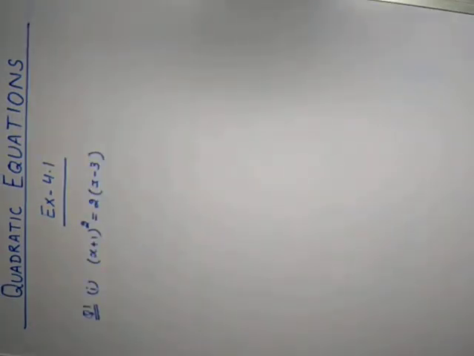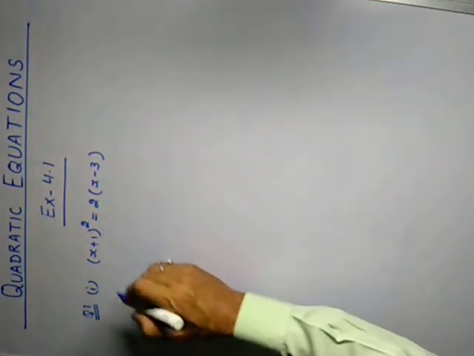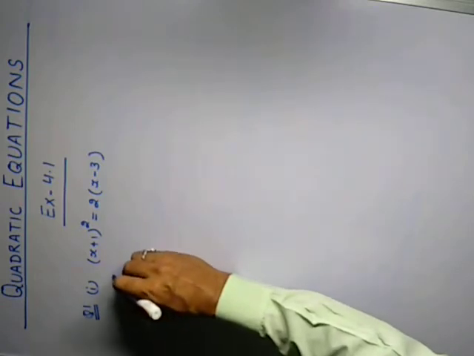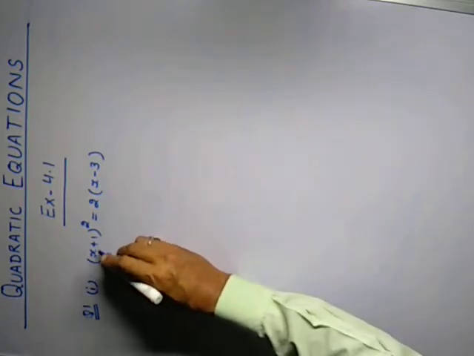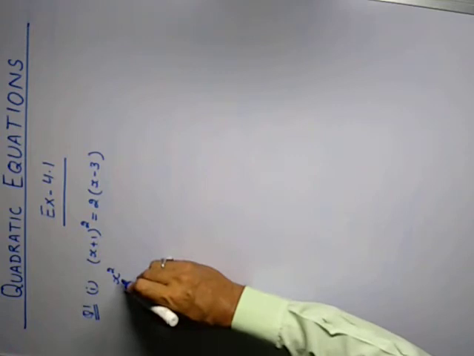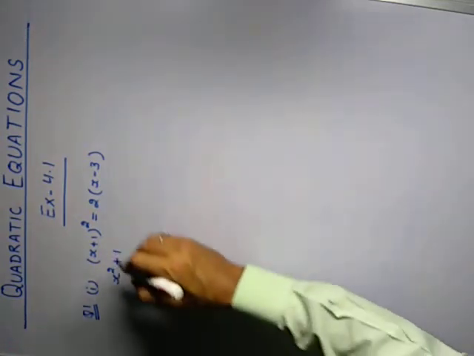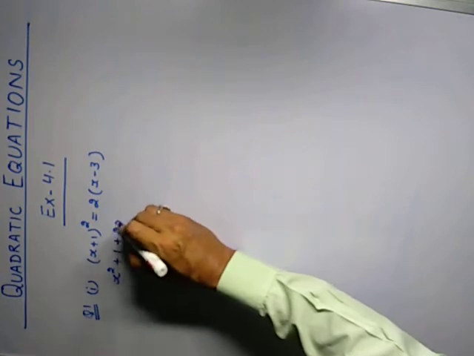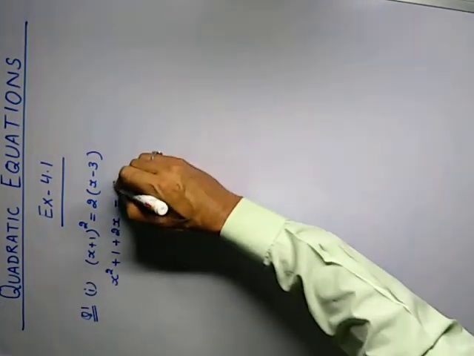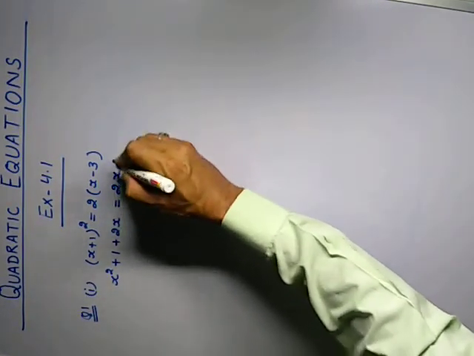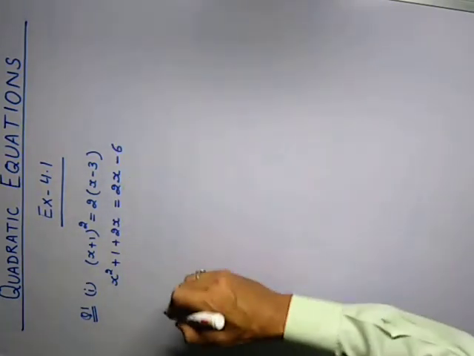So first part is x plus 1 whole square equals 2 into x minus 3. Now left hand side will be opened by identity a plus b whole square, which is a square plus b square plus 2ab. And right hand side we have to open the bracket, which equals 2x minus 6.